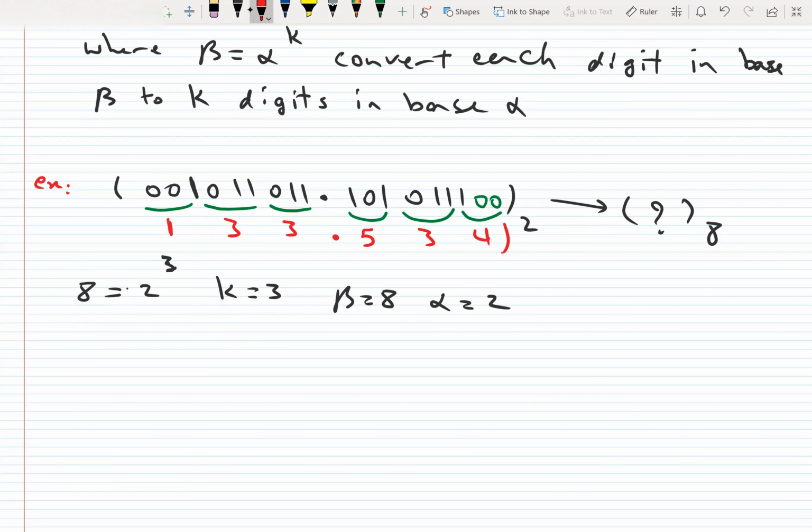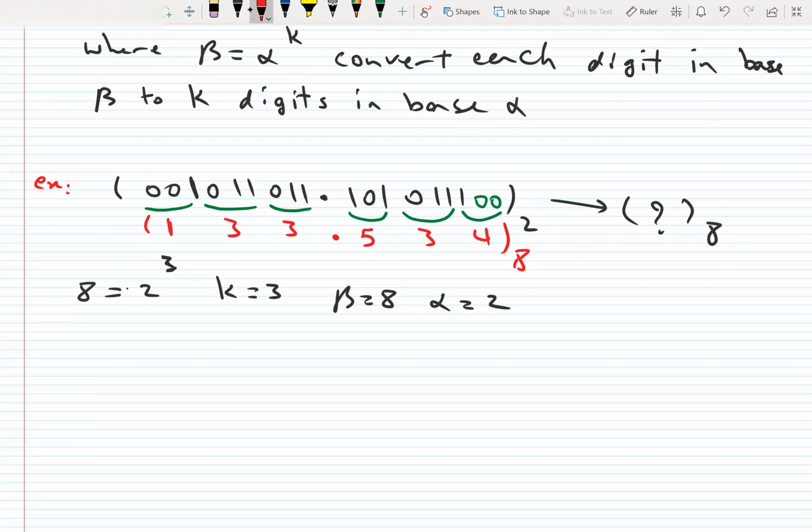So this is the equivalent of our number in base 8. We converted the number from base 2 to base 8 without converting it to base 10 first.